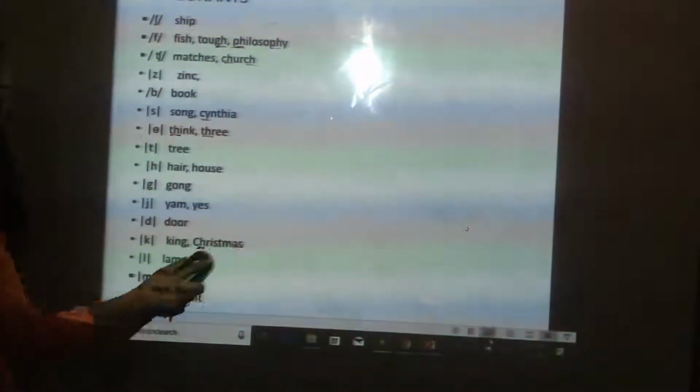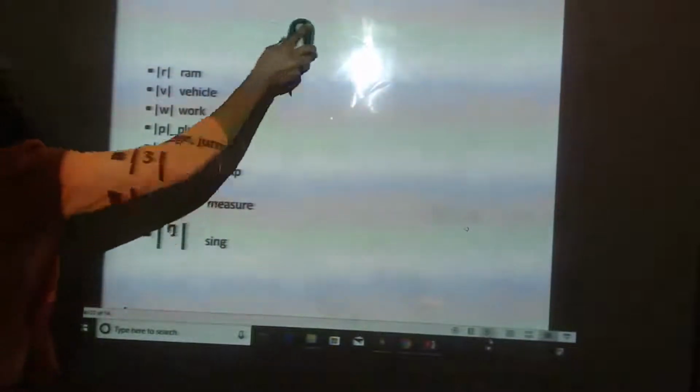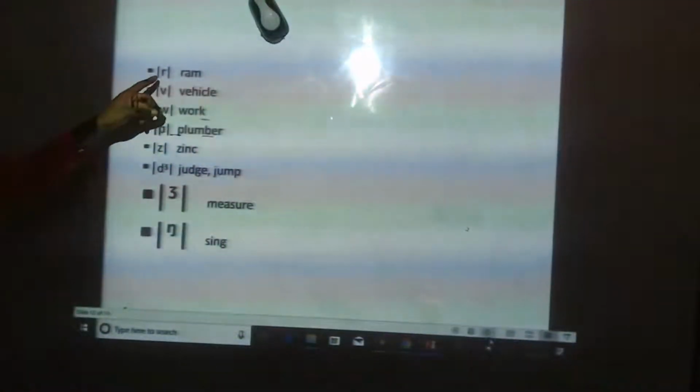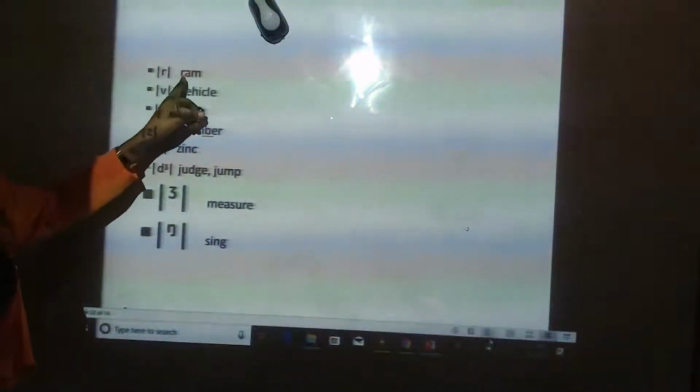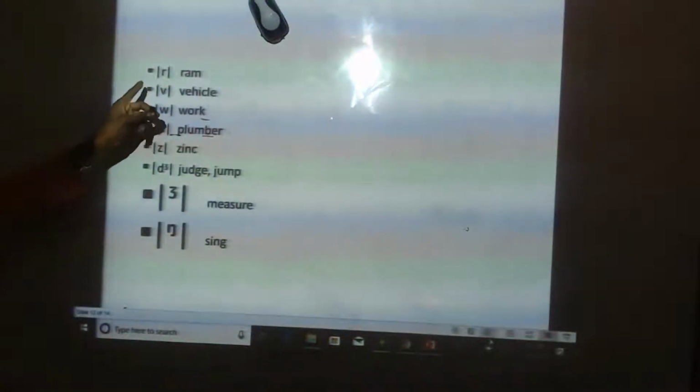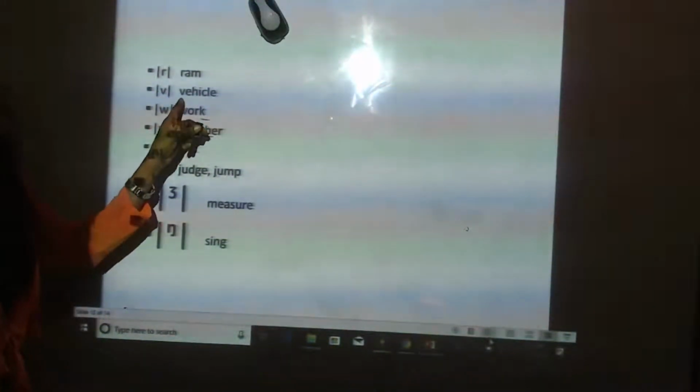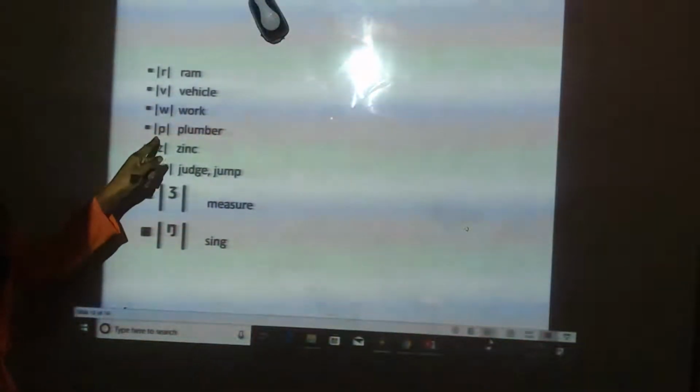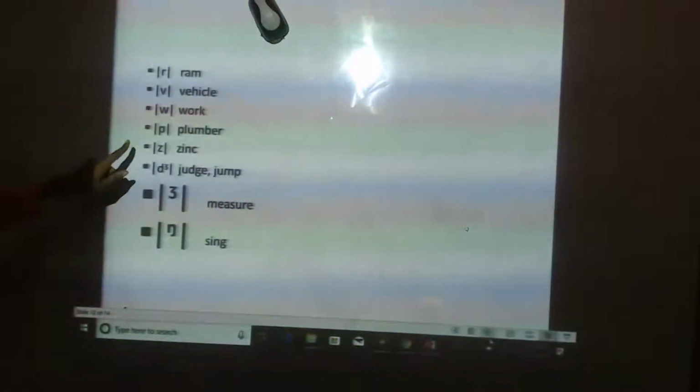The next, we have the sound r, for example, ram. Then v, for example, vehicle. The next is the sound w for walk. The next is p for plumber. Okay, again z for zinc.